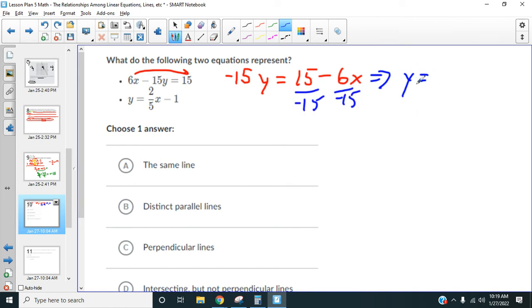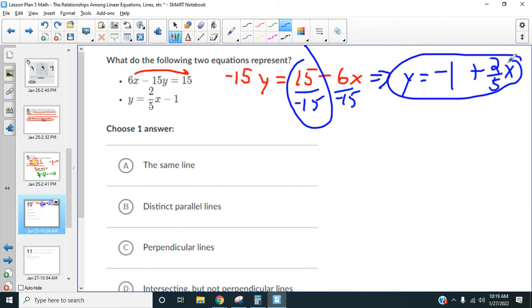Make sure you reduce your fractions. So this is going to be negative 1, and then our slope is 6 over 15. You can reduce that. Divide them both by 3, right? 2/5. Yeah, awesome. 2/5 x.